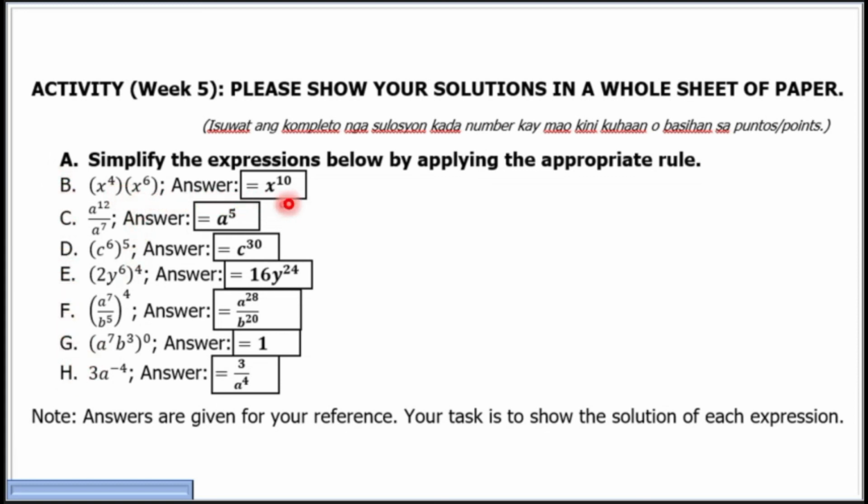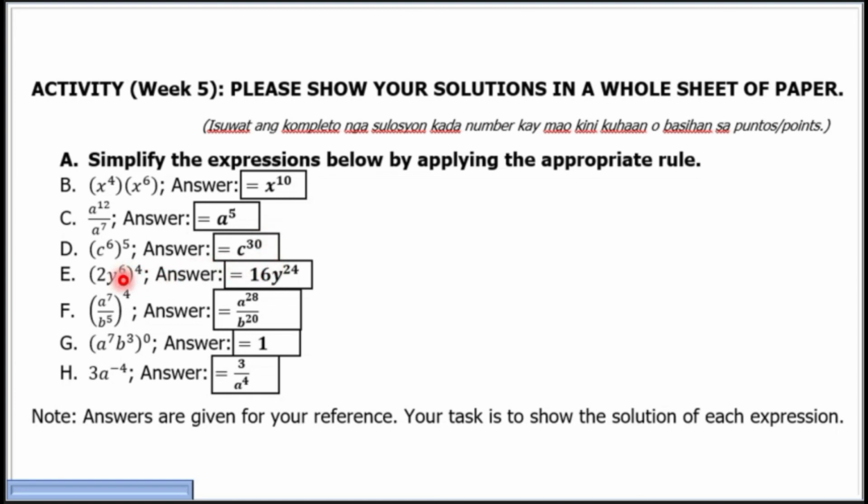The answers are given, and what you need to work on is the solution. How did we get x raised to the power of 10? In number 2 or letter C, how did we get a raised to the power of 5? And on number 3 or letter D, how did we get c raised to 30?